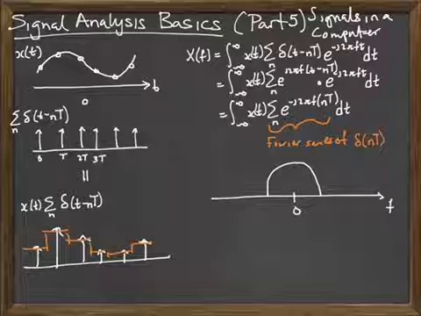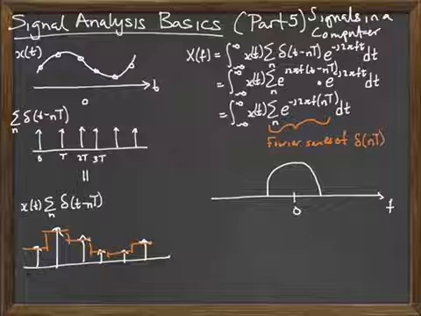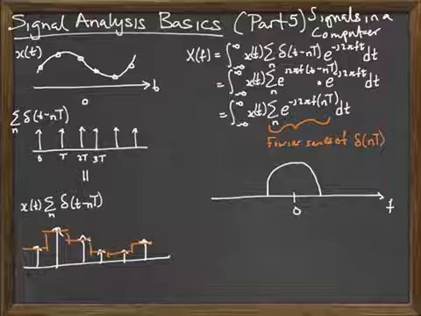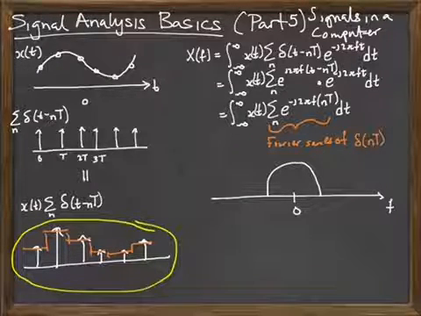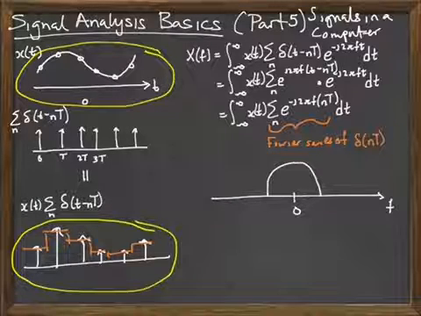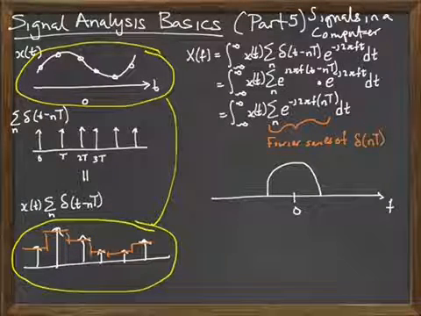That's really useful, and that gets us a starting point in how we can represent signals in a computer. But let's move forward and see how else we can try and recreate something like this up here from something like this.